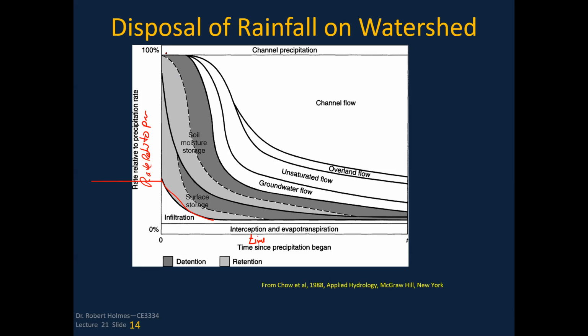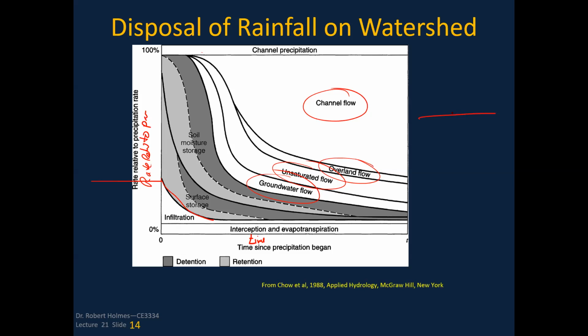And we actually have to build up some filling of that soil moisture and the surface storage before we can ever start to contribute to the channel flow, the overland flow, the unsaturated flow, and the groundwater flow. It's got to fill those interstitial spaces in the soil mass throughout the unsaturated zone. The unsaturated zone being that area.